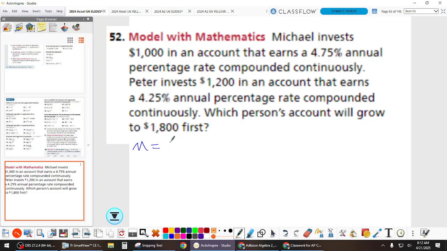What's his equation? 1,800 is equal to 1,000 open parentheses, 1 plus... That's perfect. Good. That's e to the 0.04475. Okay. How about the other person? Peter.